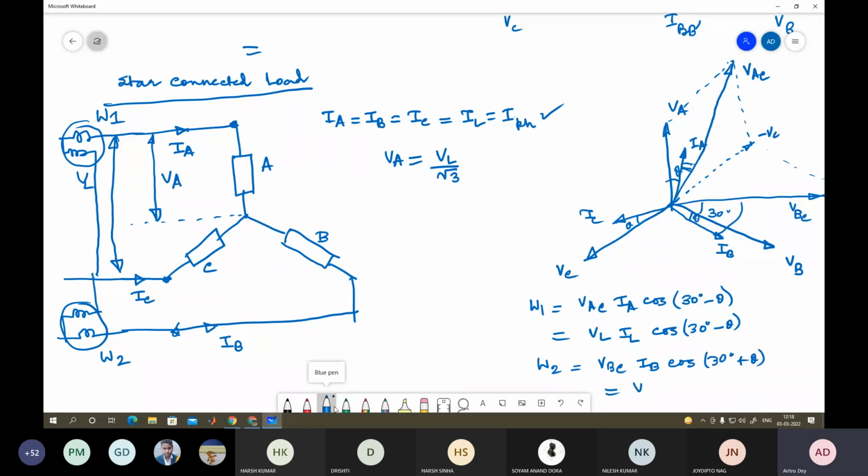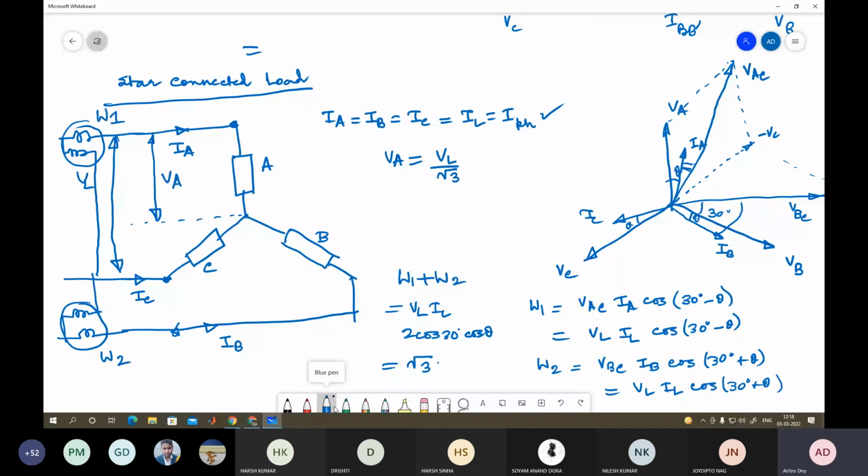So you again substitute VL, IL. If you add them up, W1 plus W2, it will come out to be VL into IL into 2 into cos 30 into cos theta. So it is root 3 into VL, IL, cos theta.